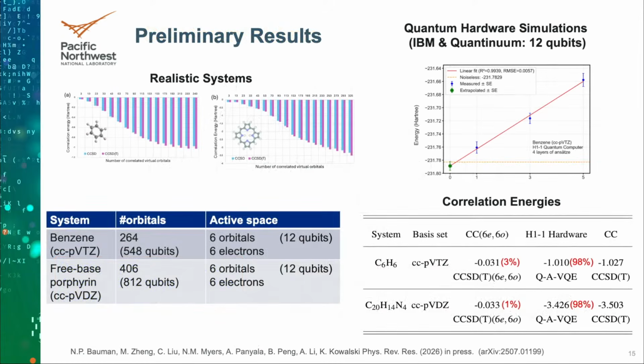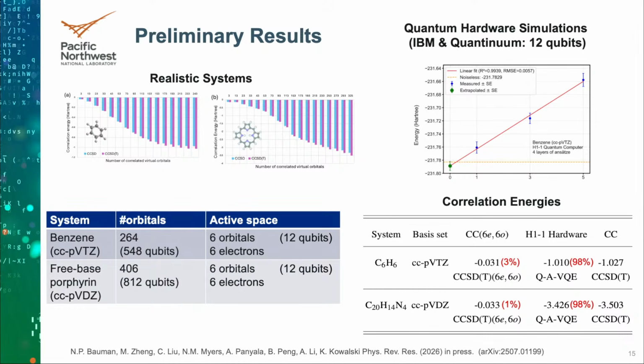But even though, recently we demonstrated quantum hardware simulations for benzene and free-base porphyrin on the Quantinuum and IBM hardware in non-trivial basis sets. Originally 260 basis functions for benzene and 406 for the free-base porphyrin. We chose to deal with 6 active orbital active spaces, and this is what we got, right?